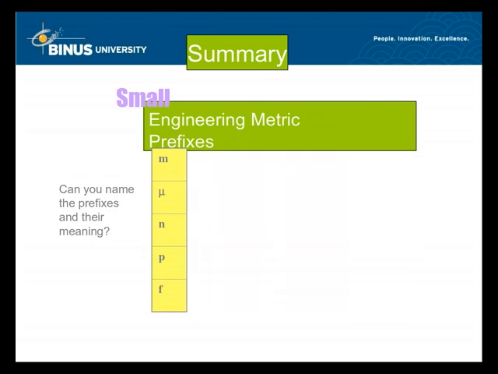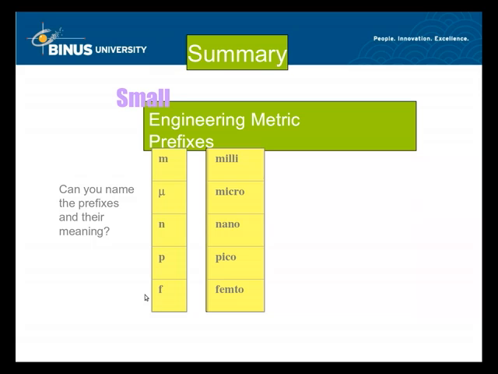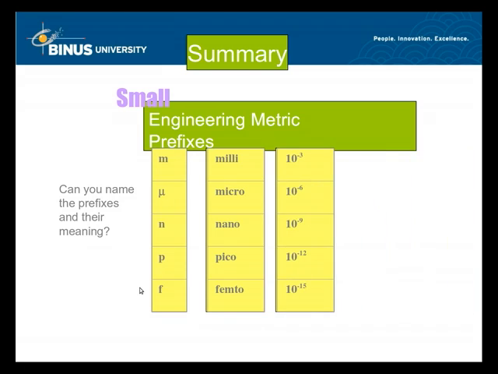And here are other metric prefixes: small m, mu, n, p, and f, which stand for milli, micro, nano, pico, and femto. Here are the powers of 10 accordingly.